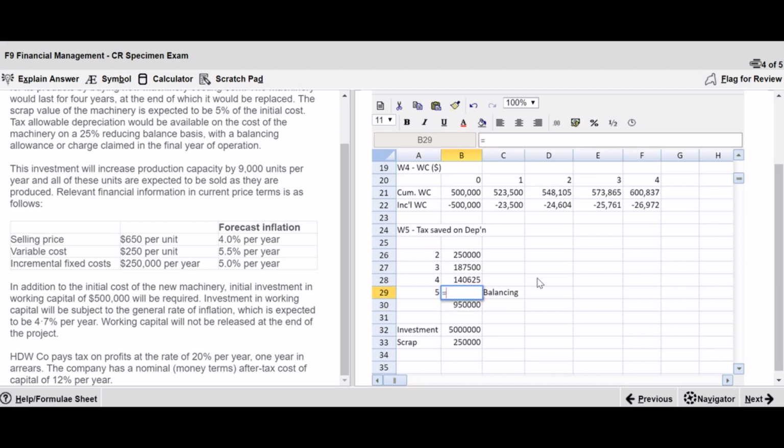And then what I can do is I can take the B30 minus B26 minus B27 minus B28. And that gives me the balancing figure in the last year. So these are my tax savings on depreciation, which I've worked out in dollars.